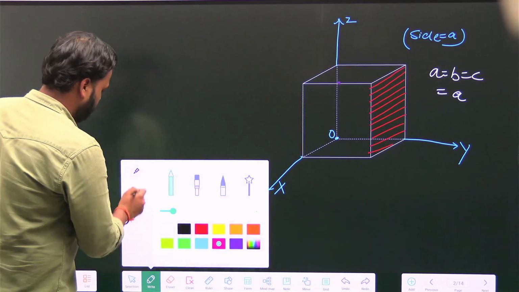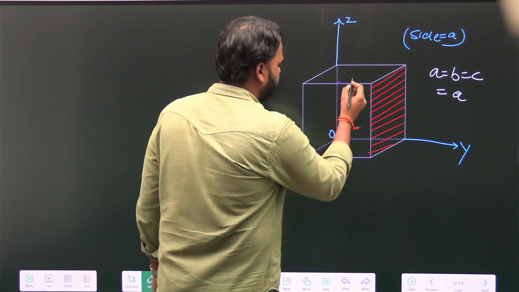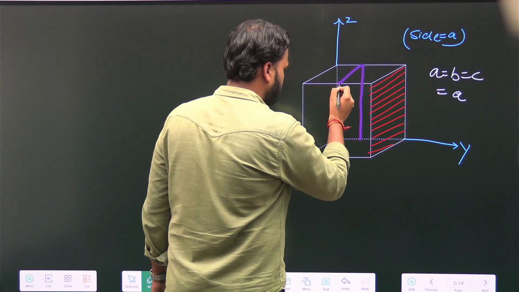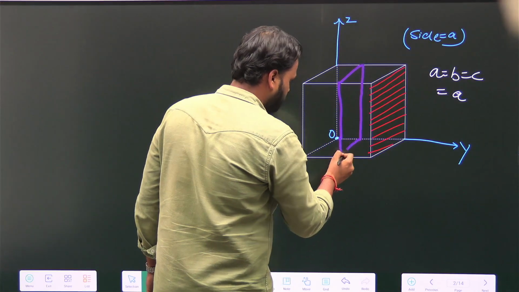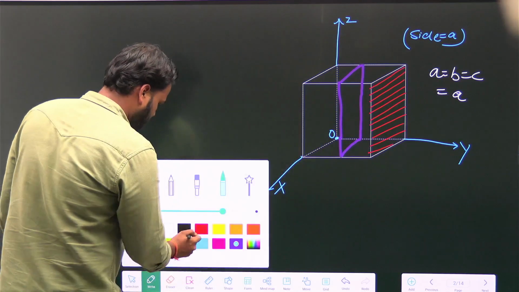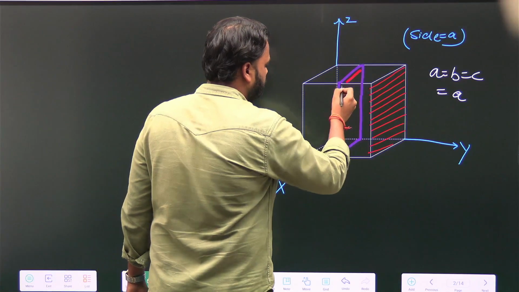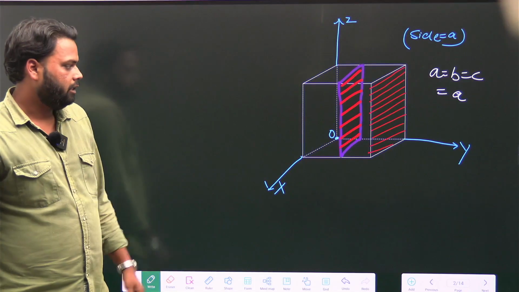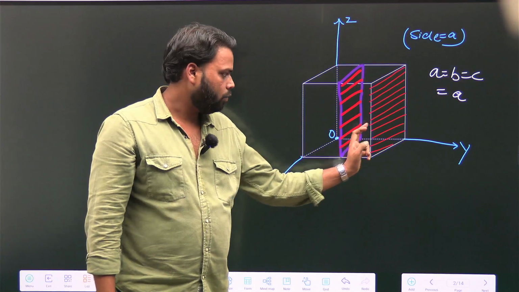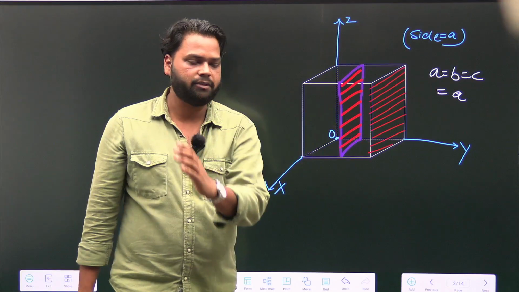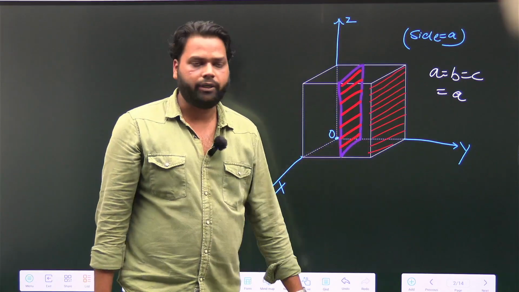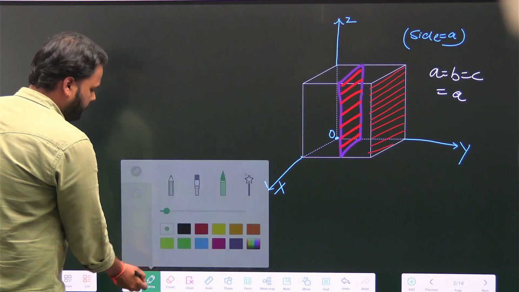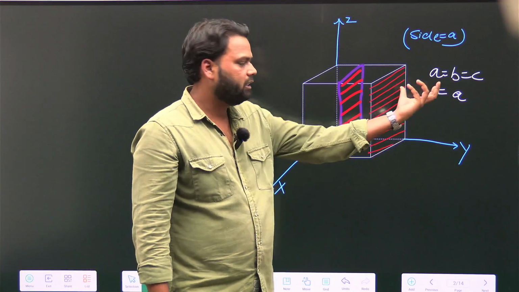Okay, just see this plane. Now, tell me, let's suppose this cuts the y-axis at half of the lattice parameter. Let's suppose it cuts the x-axis at a/2. Now tell me. First of all, the intercept will remain the same.